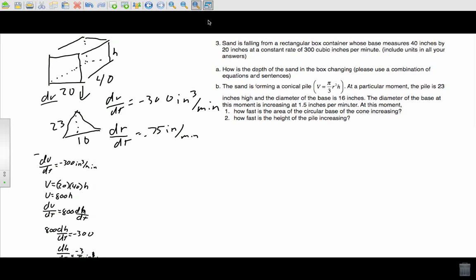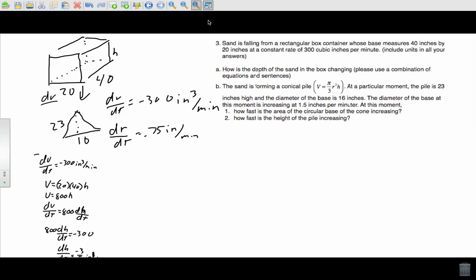So for part A, the height of the sand in the box is decreasing at 3/8 of an inch per minute. You could write decreasing 3/8 of an inch per minute or negative 3/8 of an inch per minute with the diagram that you have set up. Either way works fine.